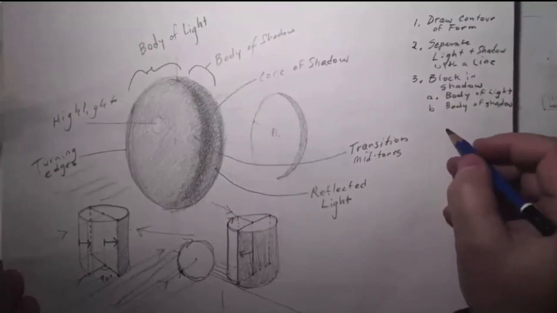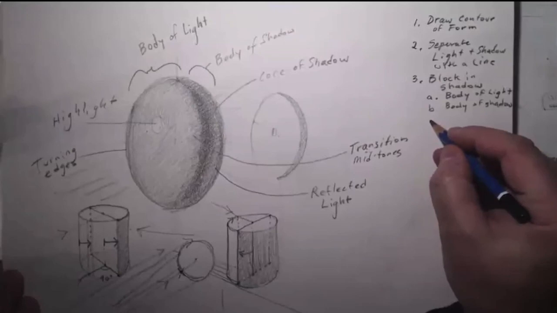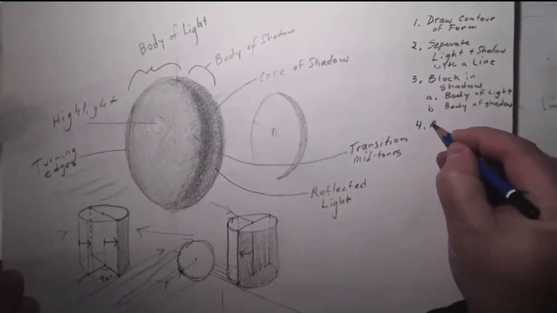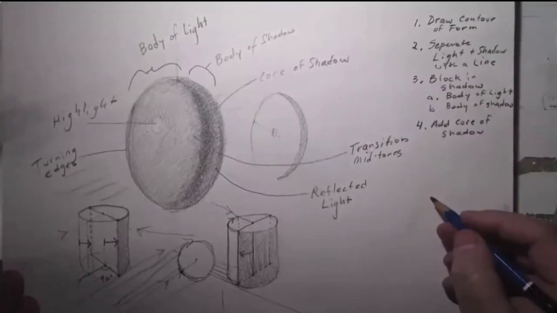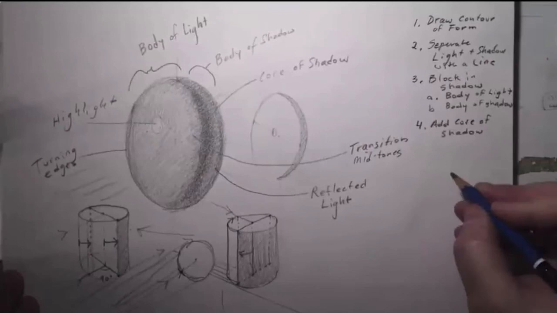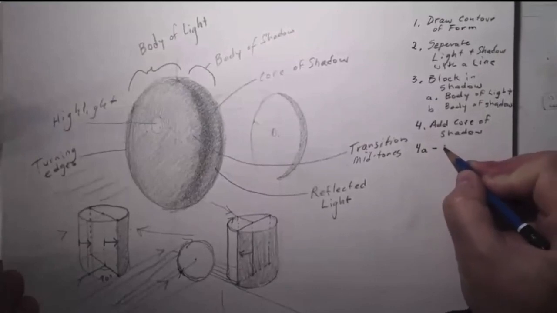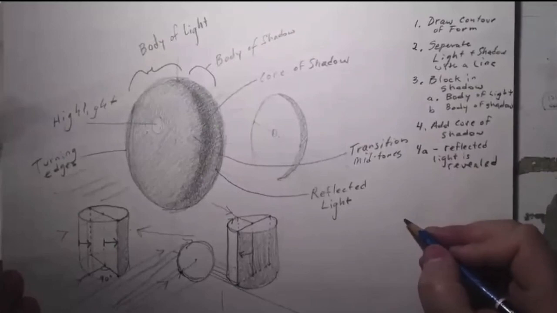Then we are going to want to start to bring out the three nuanced shapes. And they don't have to happen in any order, but this is the order I like to go in. So 4, I like to add the core of the shadow, because after all, drawing is kind of an additive process. And what that's going to give me, so I'll say 4A, is the reflected light. And the term I like to use is that the reflected light is revealed.